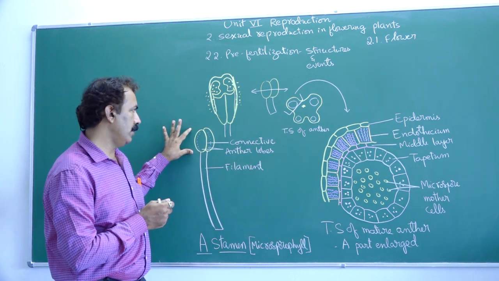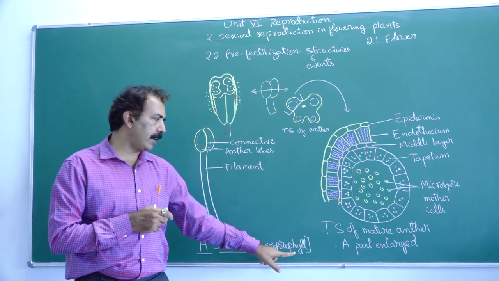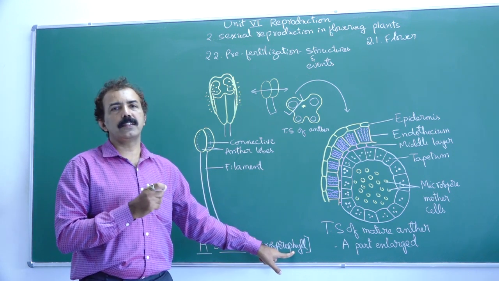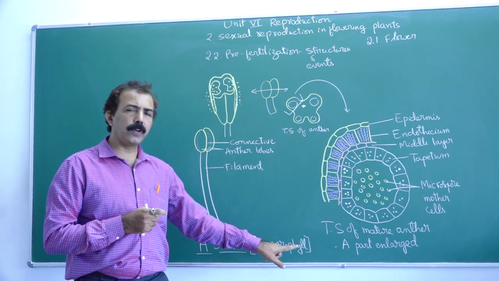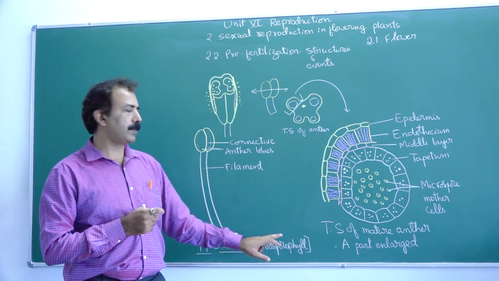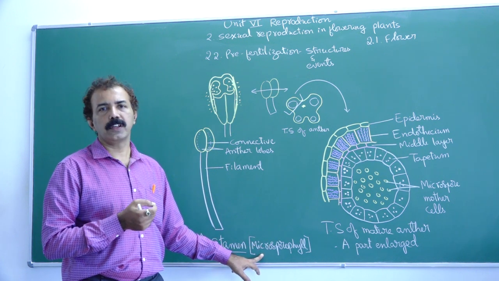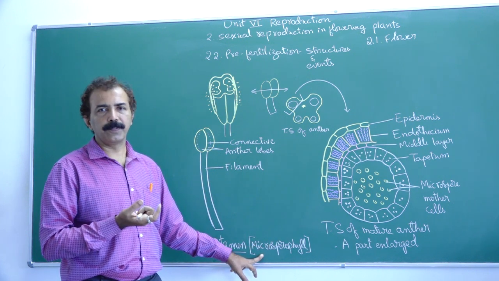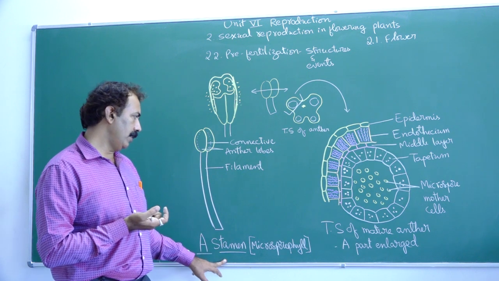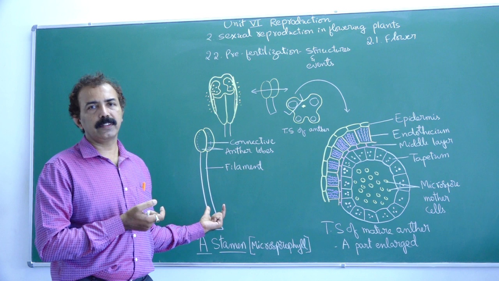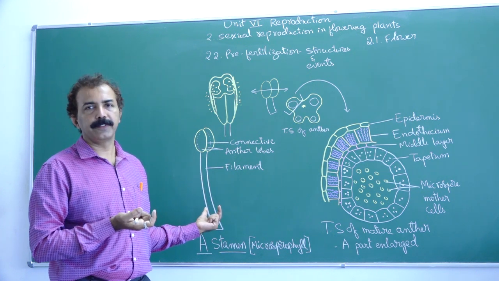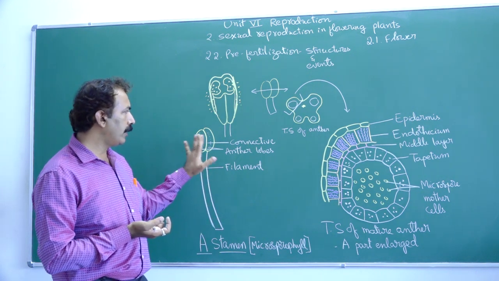A stamen is technically a leaf. Phyllos is leaf. It's called microsporophyll because it produces microspores. A stamen has a filament. This can be equated with the petiole of a leaf. There are 2 anther lobes.